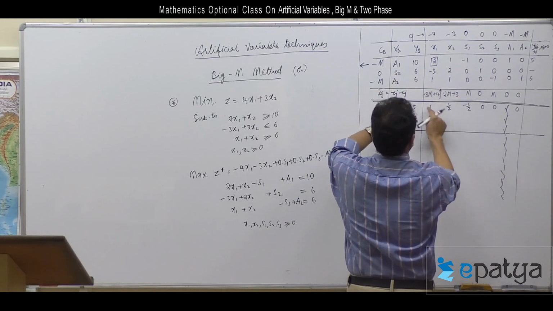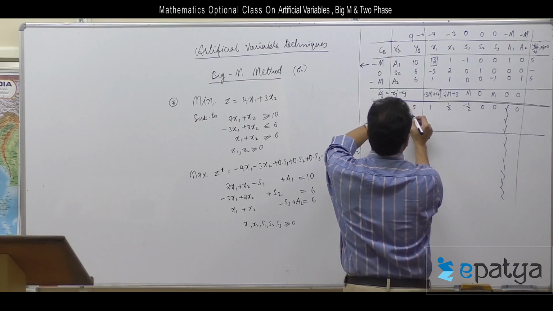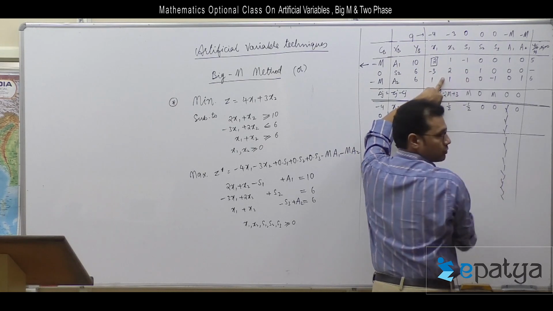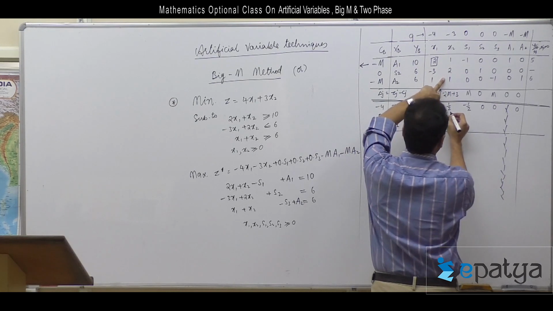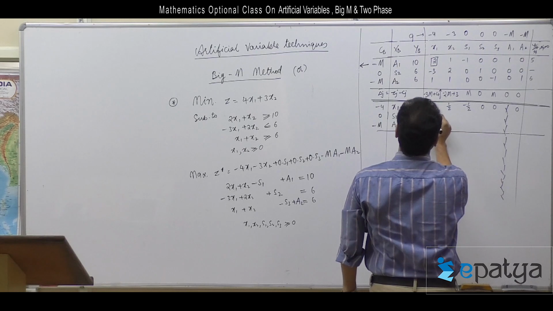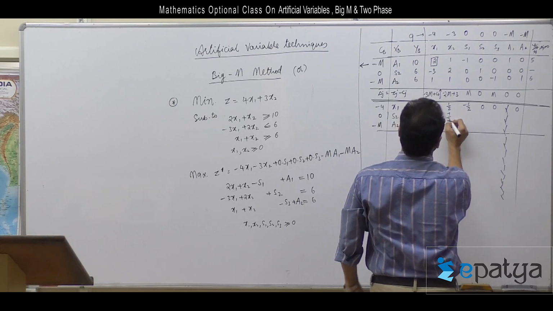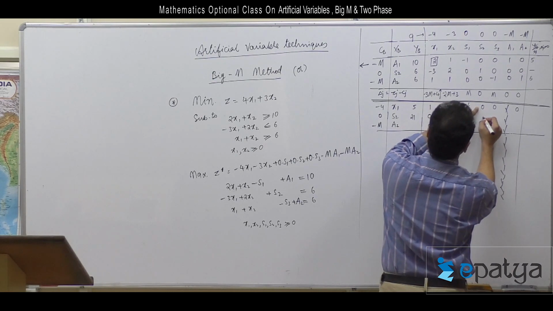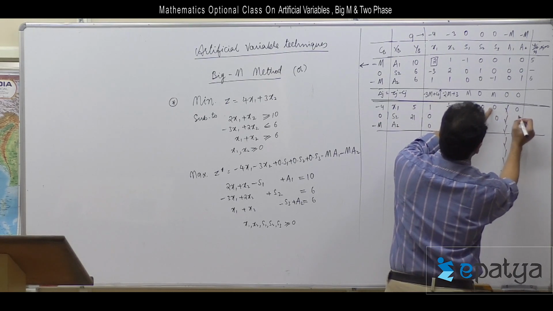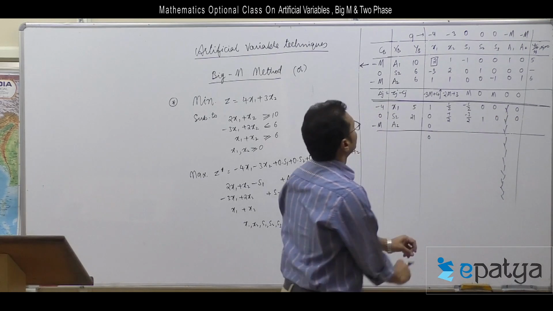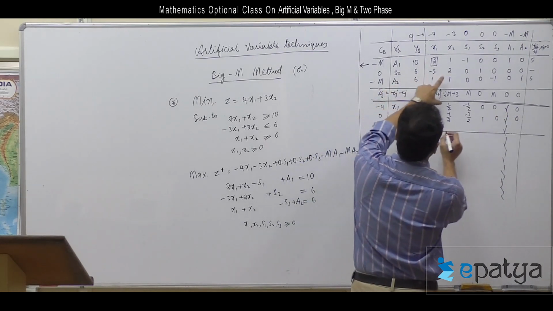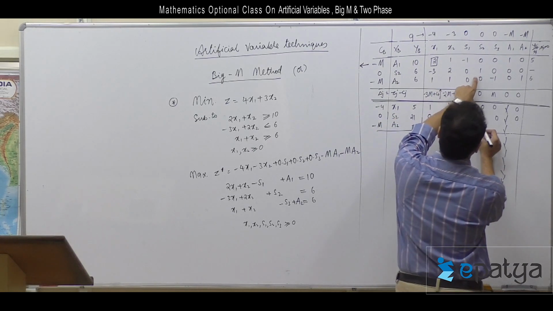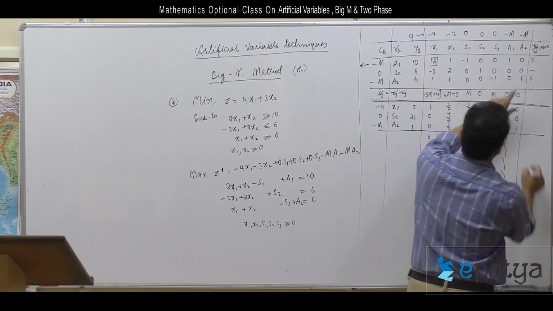Three times of this and add. 5 times 3 is 15 plus 6, 21. 3 times and add, 3 by 2 plus 2, so 7 by 2. 3 times and add, minus 3 by 2, 0, 0. Minus 1 times 1, minus 1 times half.